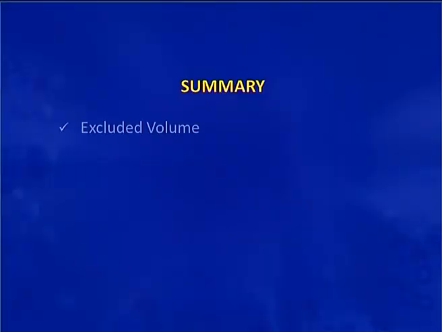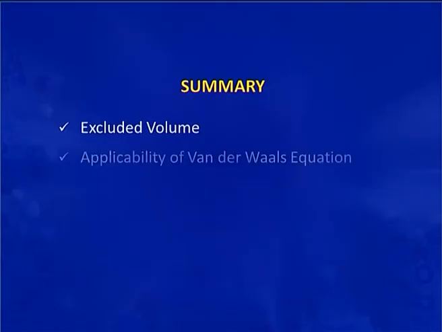So, what we have done in this lecture, we derived that the excluded volume is 4 times the actual volume, that is b is equal to 4 Vm. Then we checked the validity or applicability of the van der Waals constants.